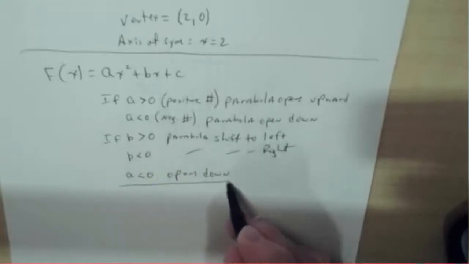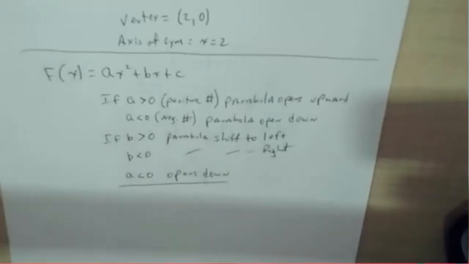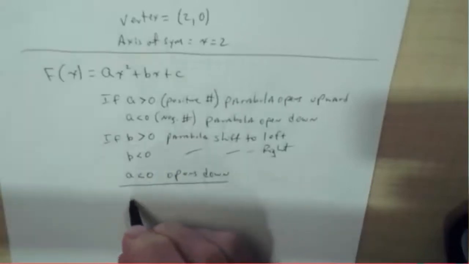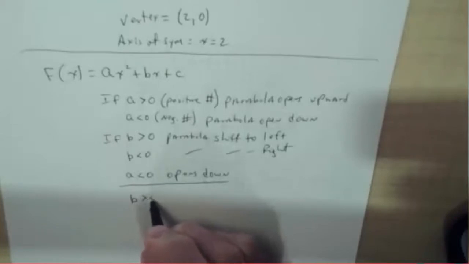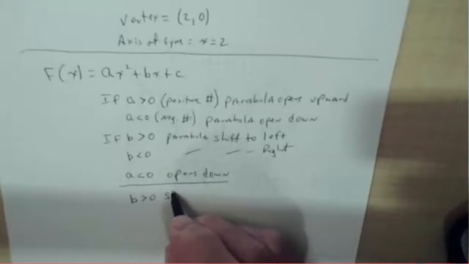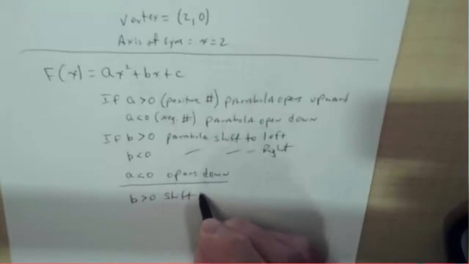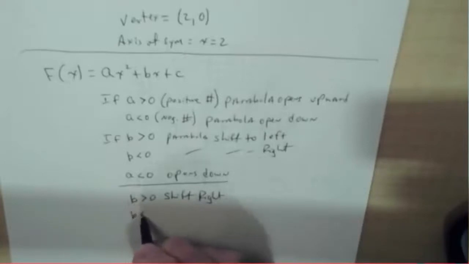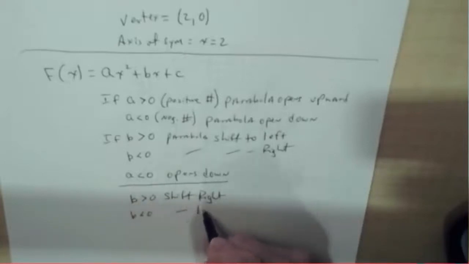If a is less than 0 and b is positive, it's going to shift to the right. And if b is less than 0, it shifts to the left. Okay? And if you're not sure, plug a couple of them into the calculator and see what happens.